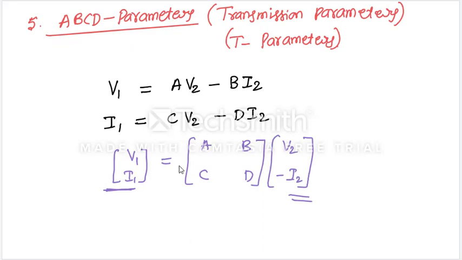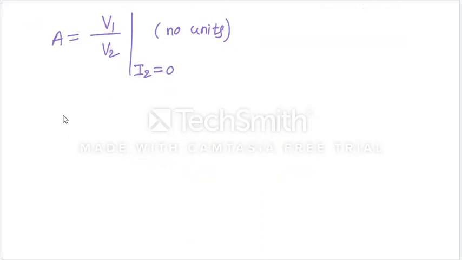Next, C is equal to I1 by V2 when I2 is equal to 0. And what are the units here? No units.